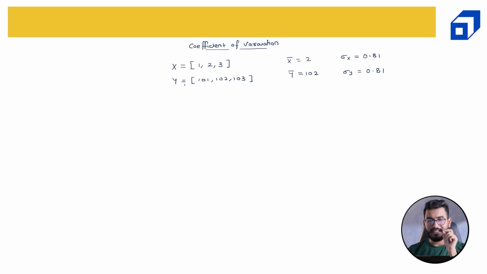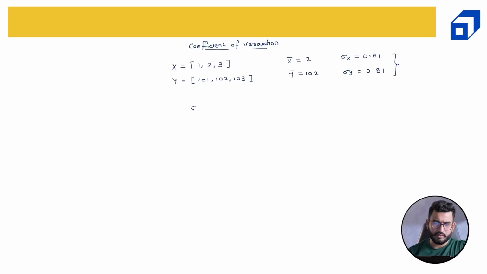While in series Y, I cannot say the third element is 3 times the first. So they do not have the same variation. How can I say that X has more variation and Y has less variation, because standard deviation gives us the same value, 0.81, 0.81? How can we compare?